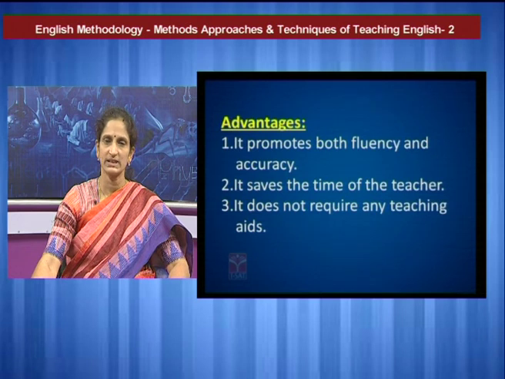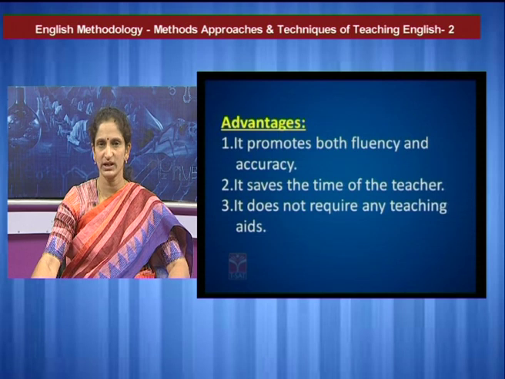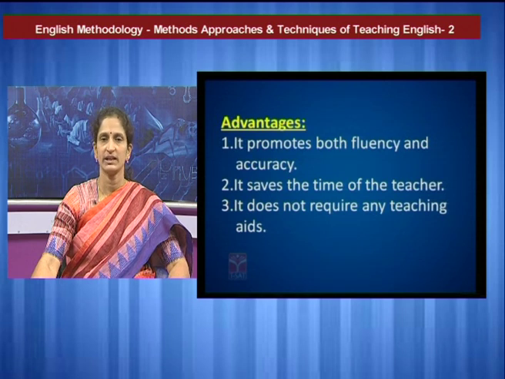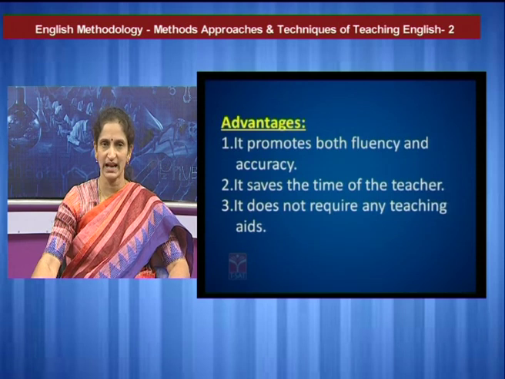Once the child has the target language with fluency as well as accuracy, they will have command over all the subjects. At the same time, it saves the time of the teacher, because here we are taking help of the mother tongue to explain the target language.